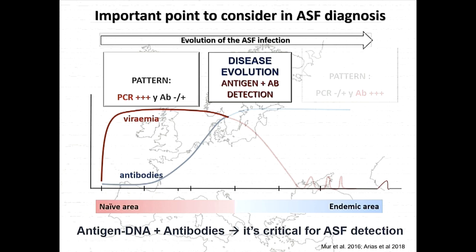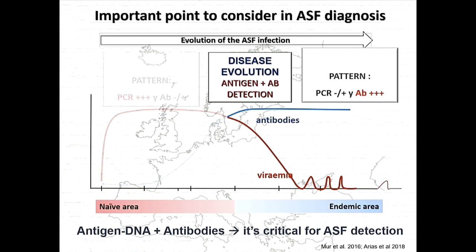When you are naive, a country where the virus came for the first time, normally it's very easy to detect by PCR because the viremia is very high. And there are very low or no antibodies in these cases. But this situation changes as soon as you are no longer naive. You start to be endemic.